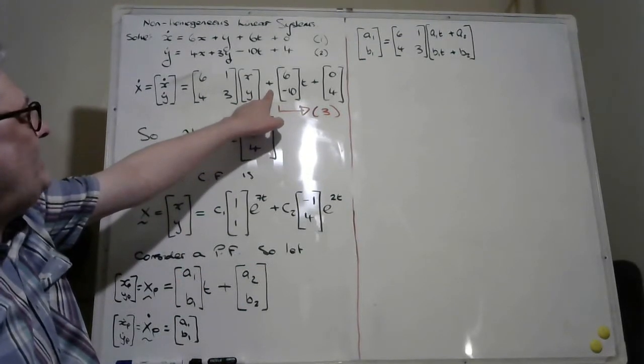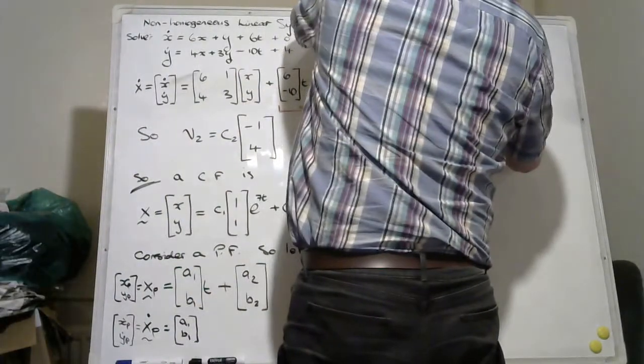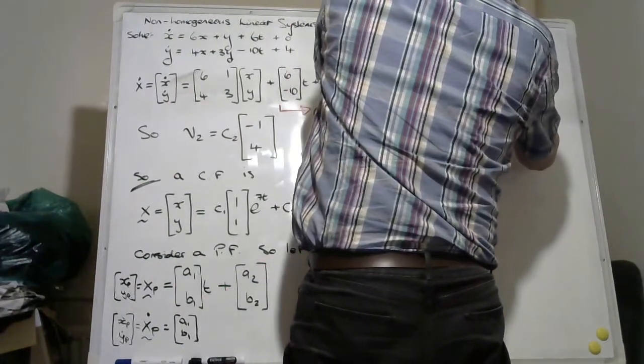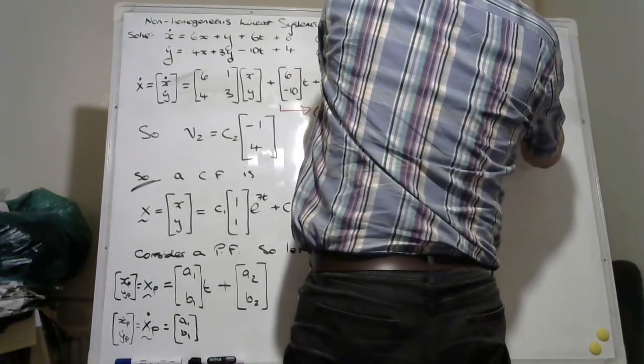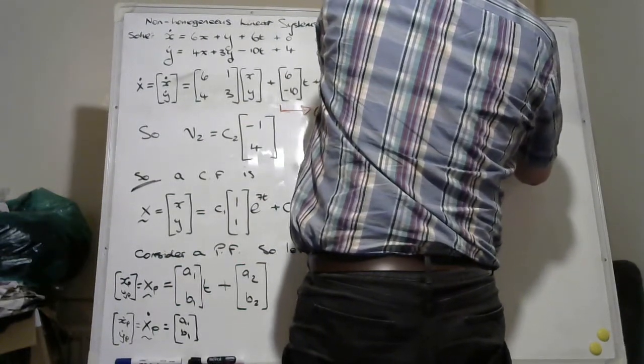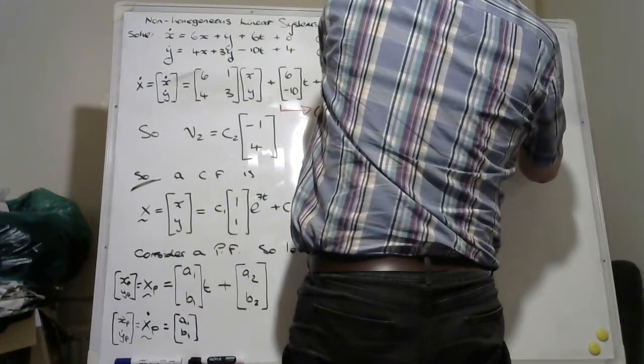We also have to add on this bit. So we've got plus 6t plus 0 and minus 10t plus 4.